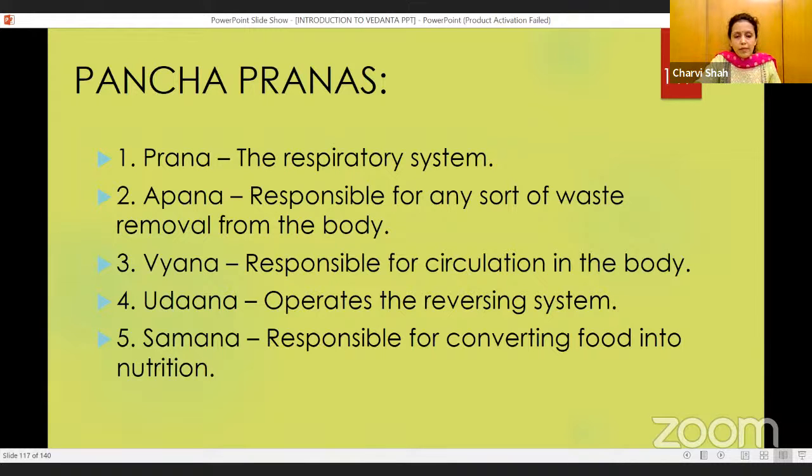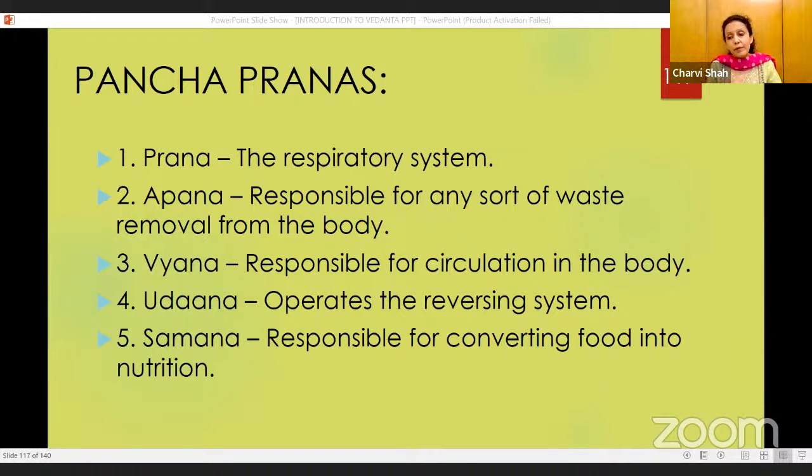So these are the Pancha Pranas: Prana, Apan, Vyan, Udan, and Saman. Again, remember the names. Try to memorize them. It will be very helpful. Now, Pran.